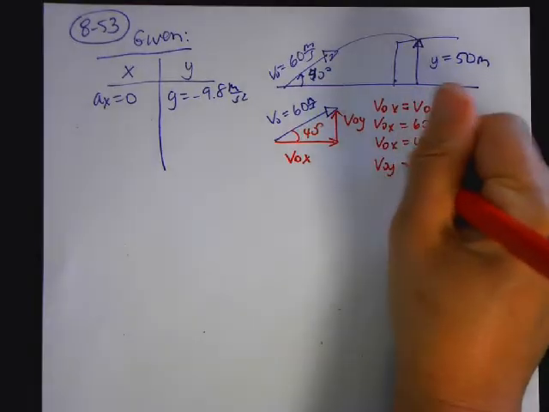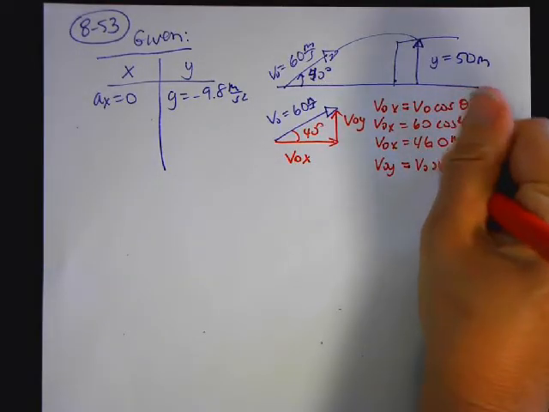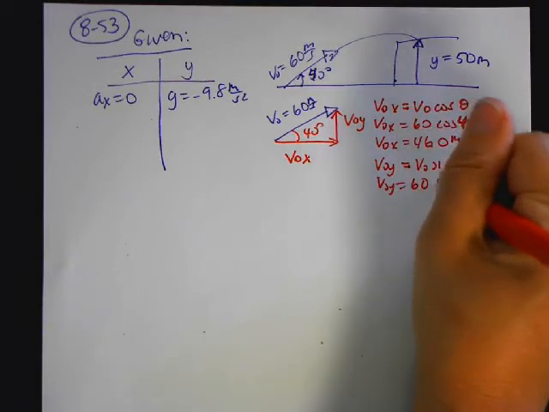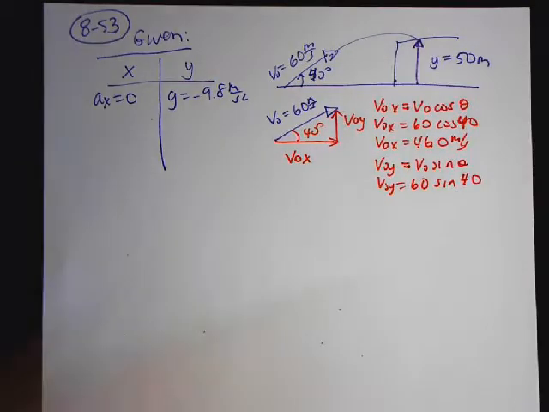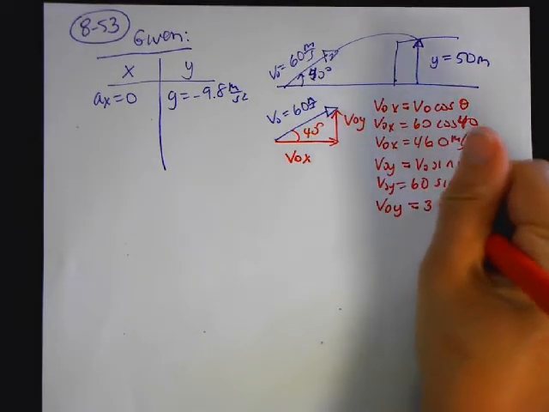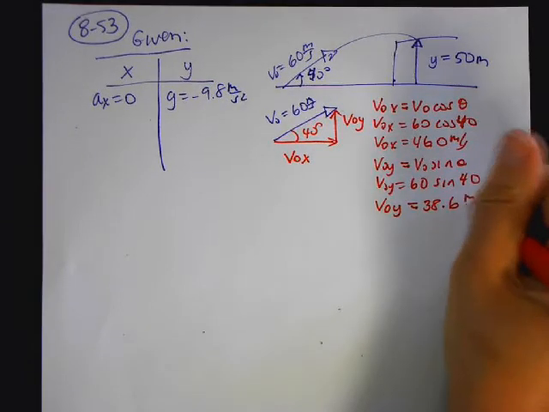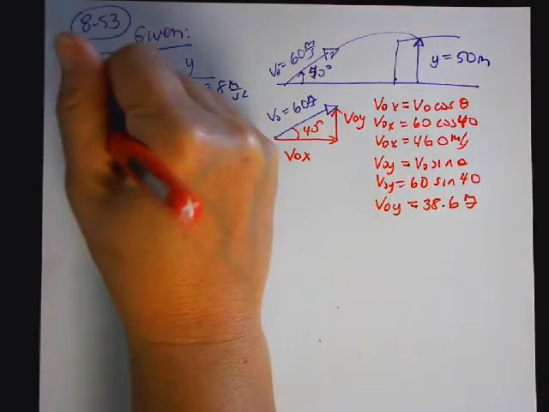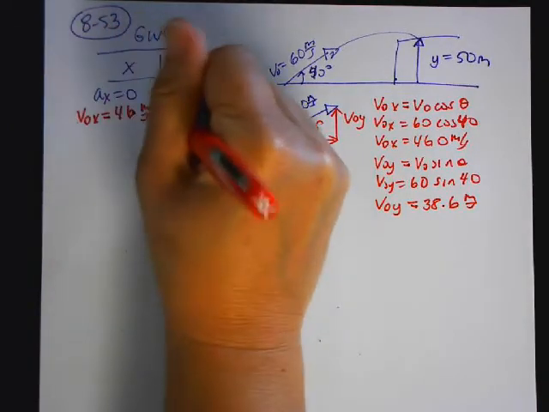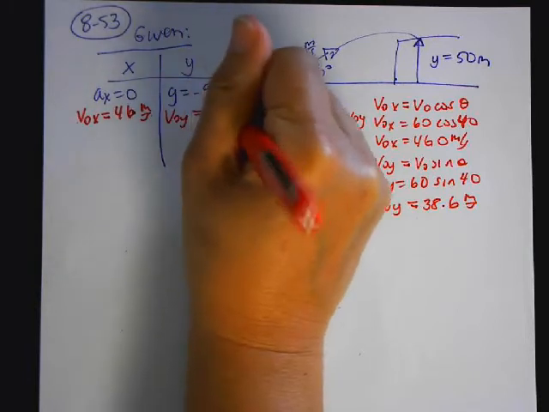V naught y is equal to v naught sine of theta. So v naught y is equal to 60 times sine of 40. And when we do that, that comes out to be 38.56. So we'll say v naught y is equal to 38.6. Now I'm going to put these in my given. V naught x is 46, and v naught y is 38.6.